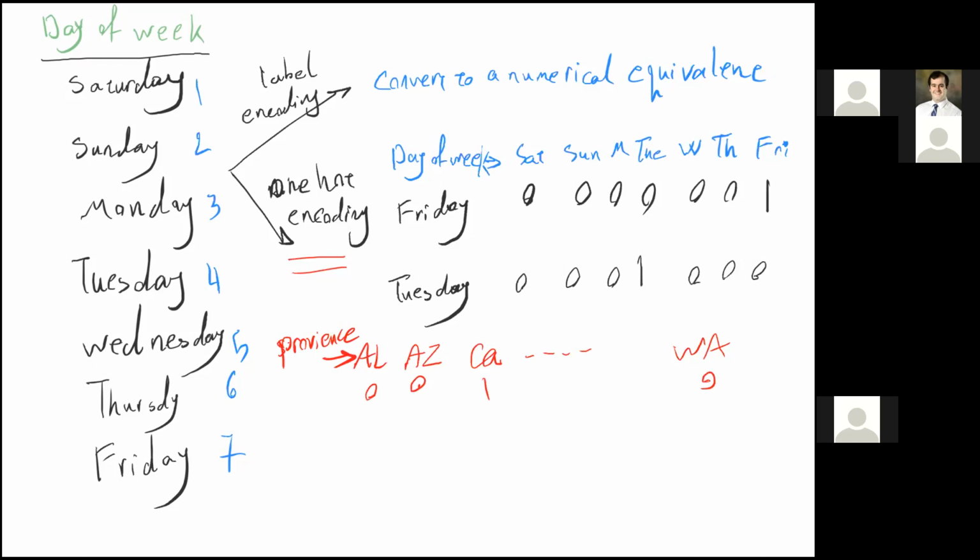When you have too many categories, if you do that, you basically distribute the importance of the province column into 50 new variables. Maybe the province is a really important variable here. But since you did one hot encoding and made 50 new variables, you basically divide the importance by 50, so maybe none of them gets important.